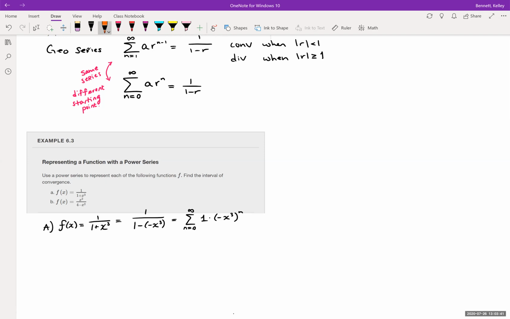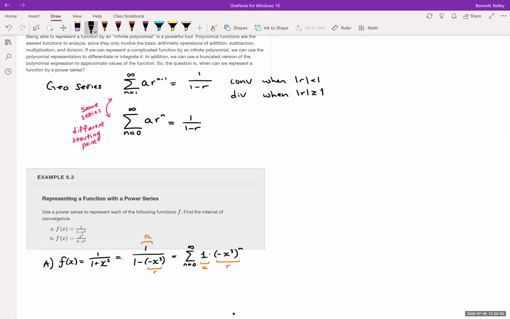So this is a, this is r, oh, you know what? I made a boo-boo. These are a. Sorry about that. Okay.